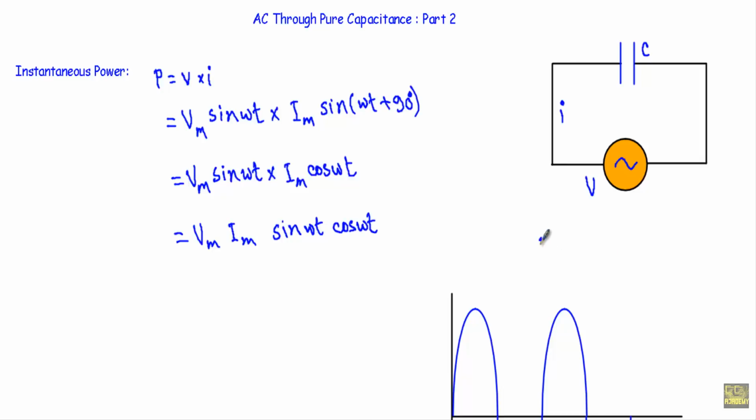There is a formula, sin 2 theta equal to 2 sin theta cos theta.